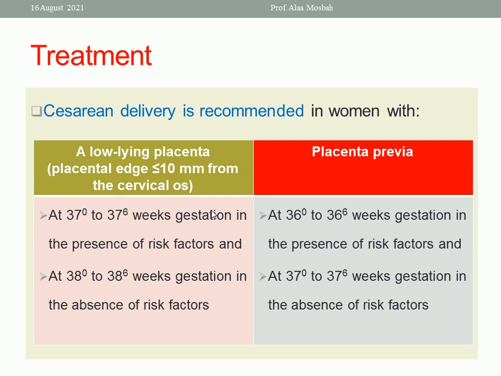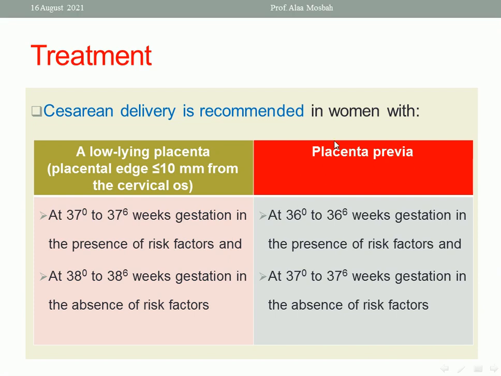And we will know in the next slide what the risk factors are. Or you can terminate pregnancy at 38 weeks or 38 weeks plus 6 days gestation in absence of risk factors. This is as regards low-lying placenta equal to or less than 10 millimeter from cervical os.